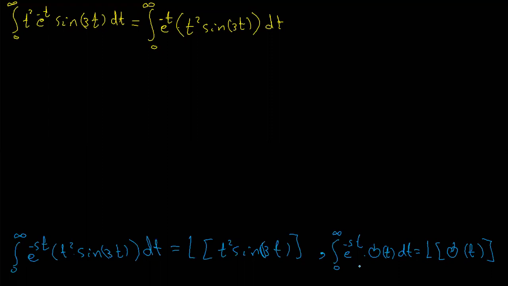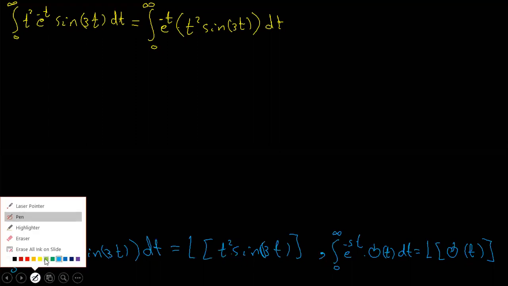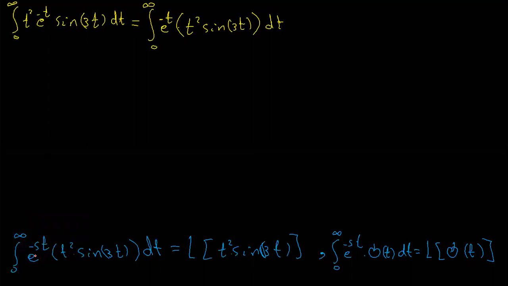Salma asked me a small question: Professor, we understand this step, but how to find the Laplace transform of this product? Please use another color and tell us how you will find the Laplace transform of t squared times any function, not necessarily f of t.